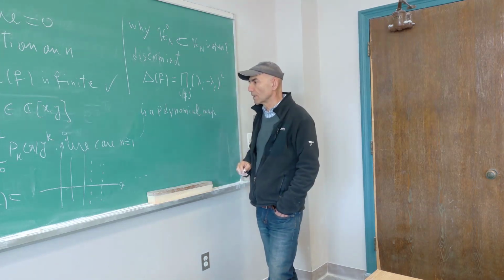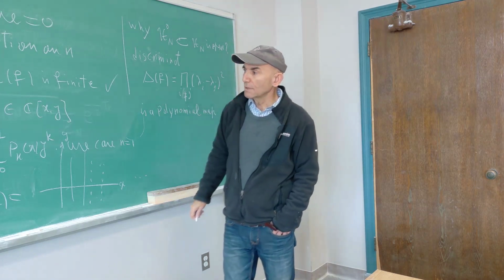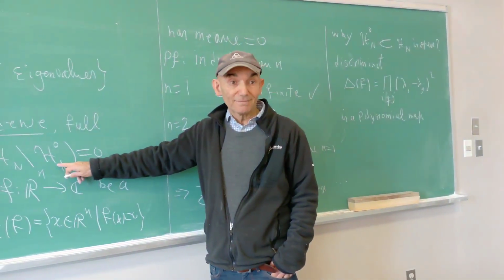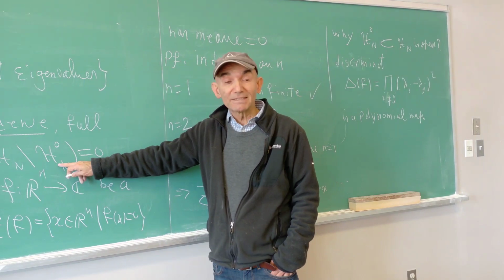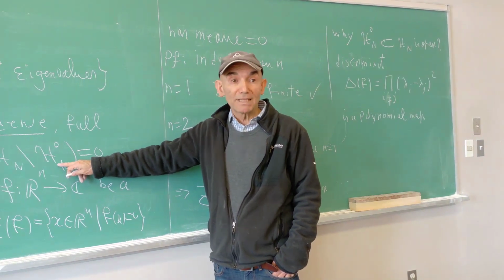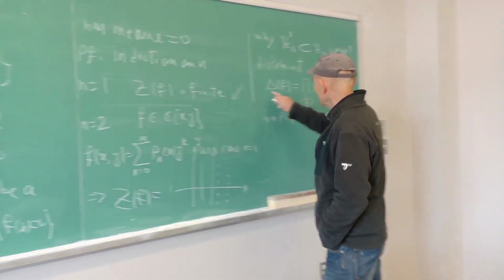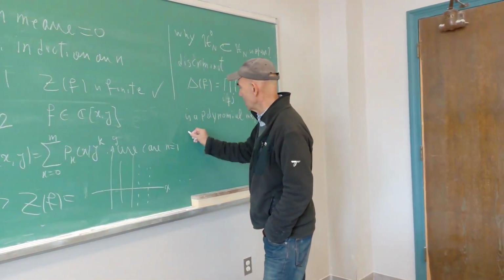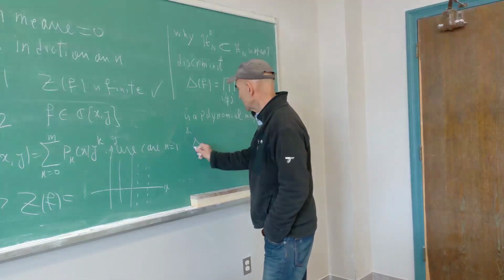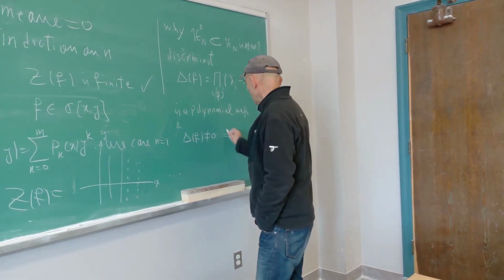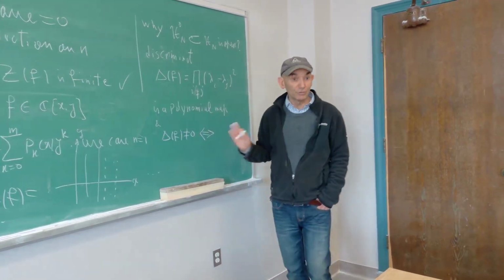Okay. Now, for something to have distinct eigenvalues, it means that this characteristic polynomial should have distinct roots. So let me write the property of this delta: delta of f is different from 0 if and only if f has distinct roots.